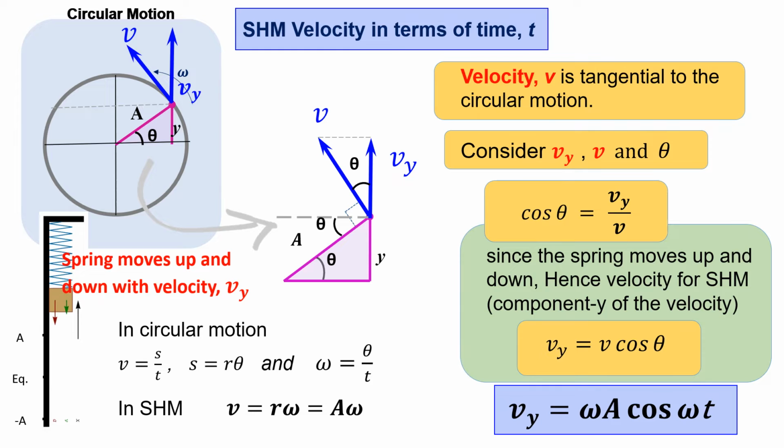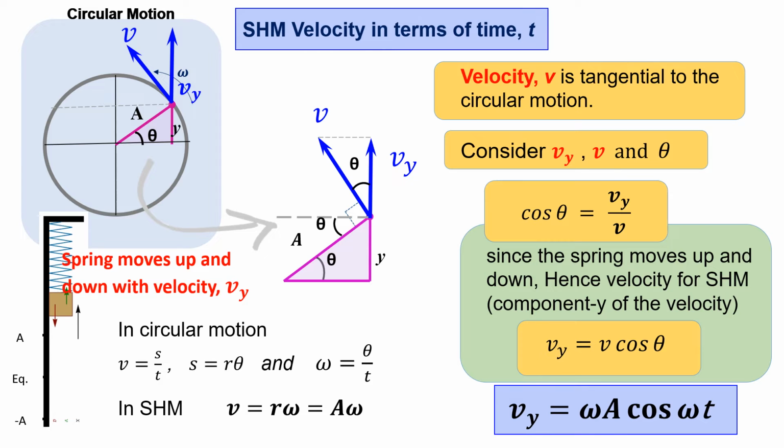Kita dapat daripada persamaan simple harmonic motion, V is equal to omega A. And from circular motion, kita dapat theta is equal to omega t.